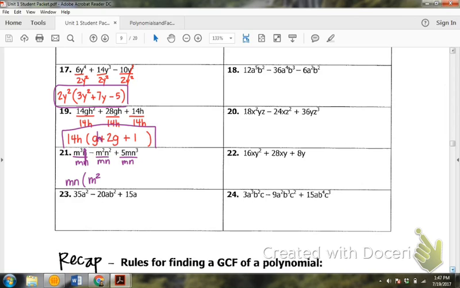M squared divided by M is M. N squared divided by N is N. That 5 is still there. M's cancel. And then N to the what power? Second. Who has this as their answer? M squared minus MN plus 5N squared. Looking good.